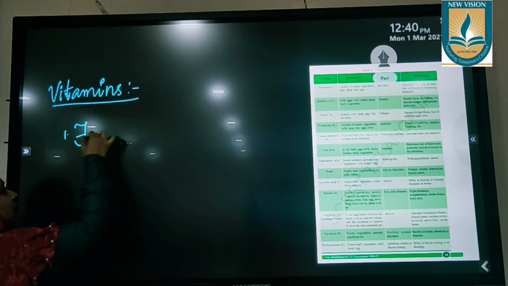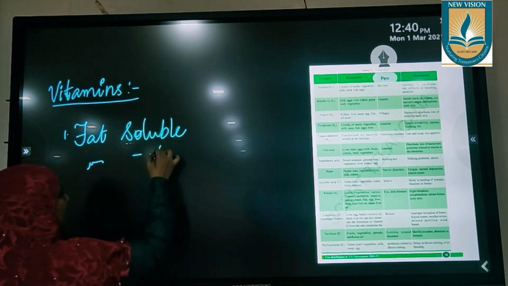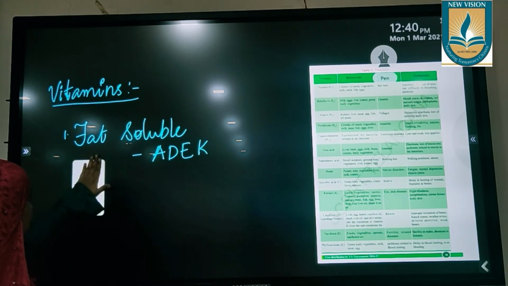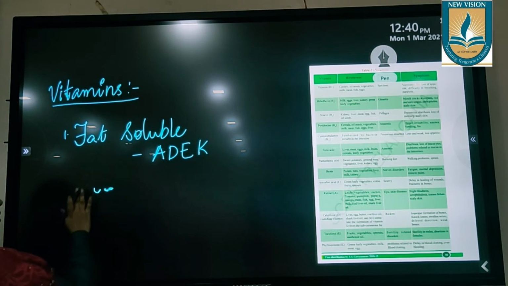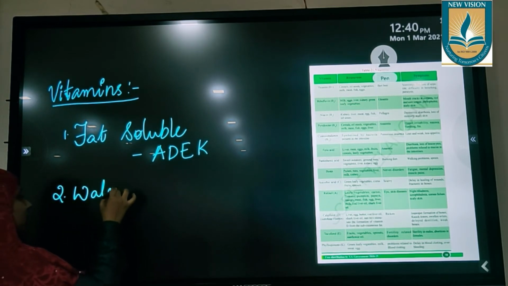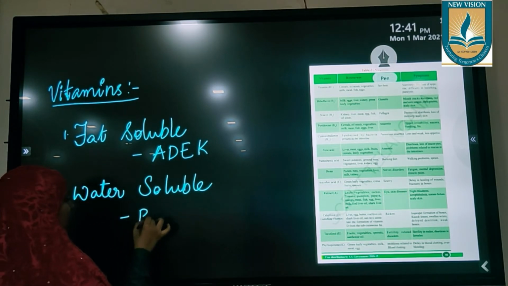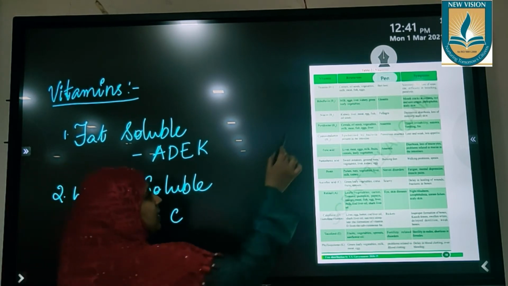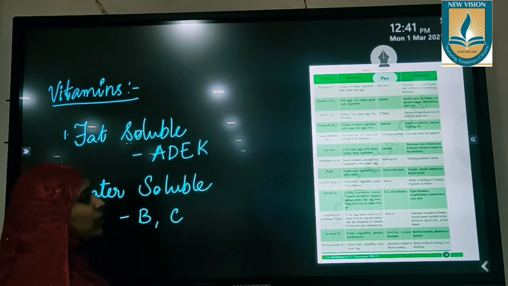First, fat soluble vitamins: A, D, E, K. Second, water soluble vitamins: vitamin B and vitamin C. Vitamin B is not a single vitamin; you can see vitamin B1, B2, B3, B6, B12, folic acid, pantothenic acid, biotin.